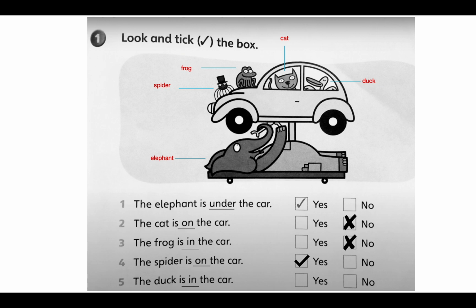In. In maksudnya di dalam. The duck is in the car. Duck ialah itik. Itik itu di dalam kereta. Betul ke itik di dalam kereta? Ya, tengok gambar. Ya, itik di dalam kereta. So, the answer is yes.